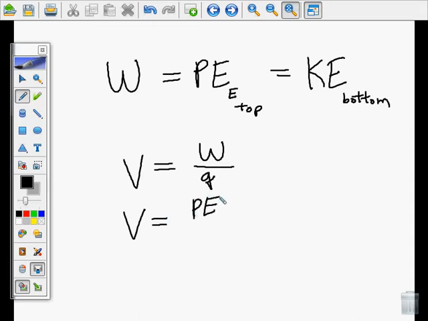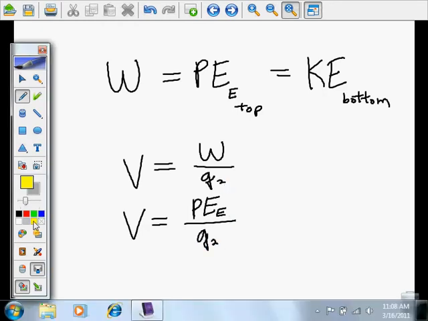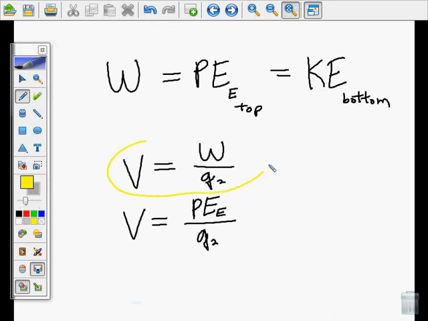Potential energy per charge. What could be another formula for voltage? Kinetic energy per charge.